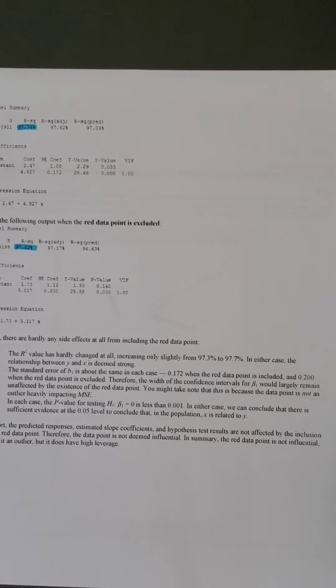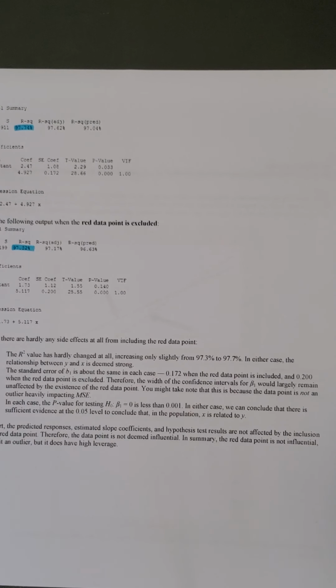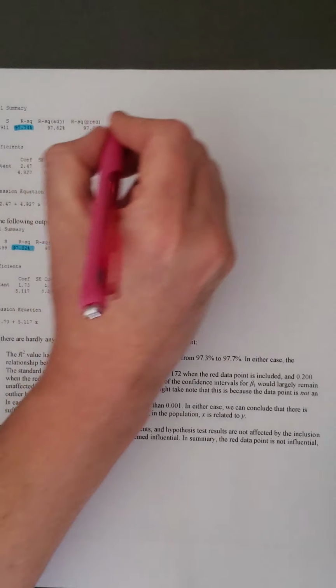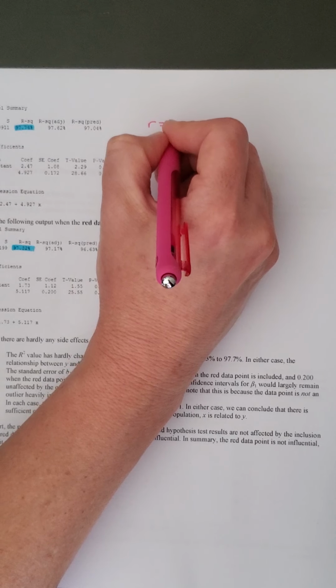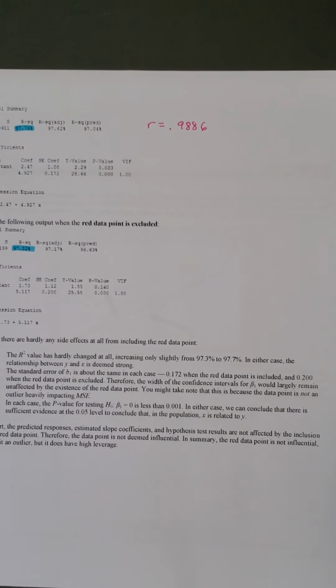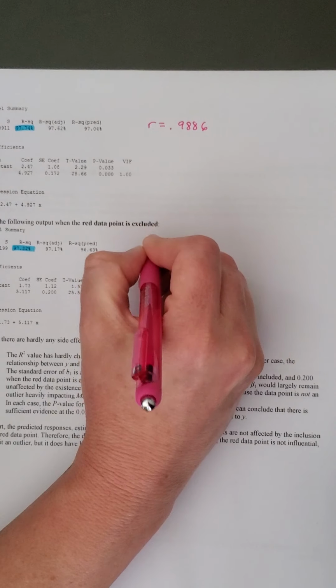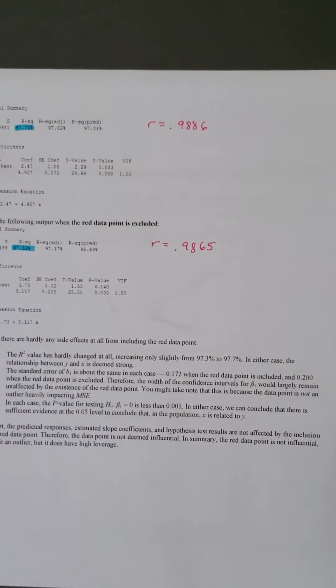So our R values: the square root of 0.9774 is R equals 0.9886, and I know it's positive because my trend line was positive. And if we square root the second one, 0.9732, R is equal to 0.9865. You can see this hardly changes your correlation whatsoever.